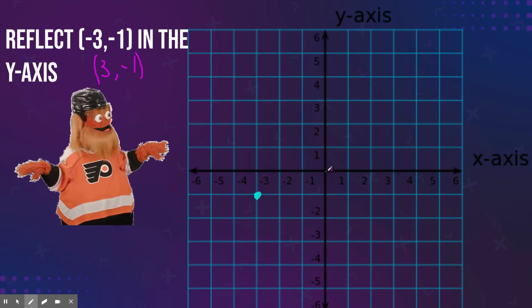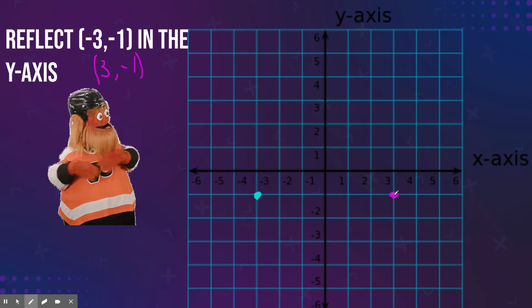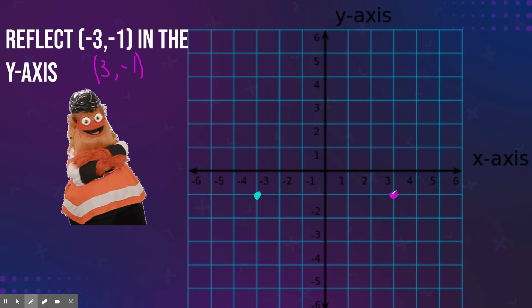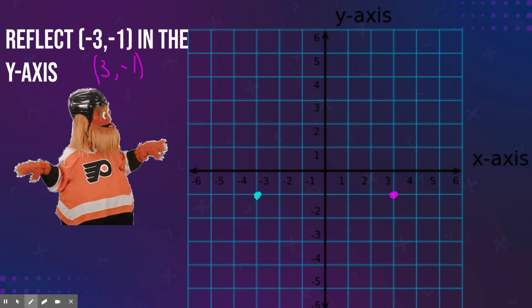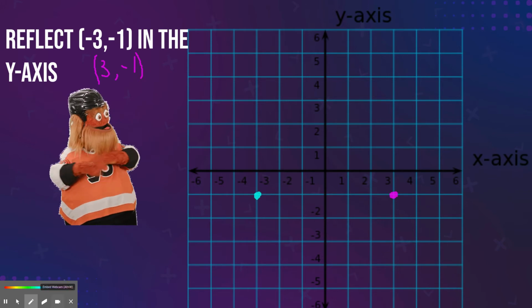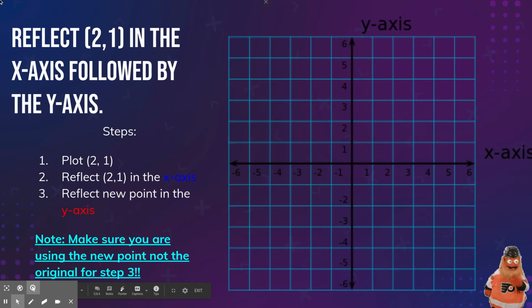I'm at 0, 0, 1, 2, 3, down 1, and I'm there. My new point is that purple point, and my old point is that blue one. And my new ordered pair is +3, -1. All right, so let's clear off those inks and move on.